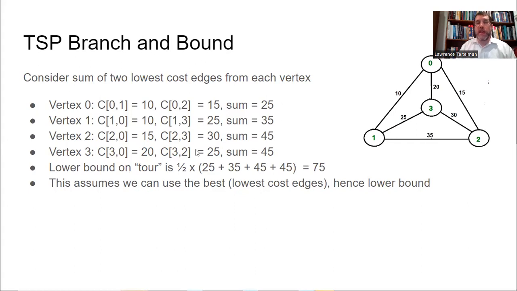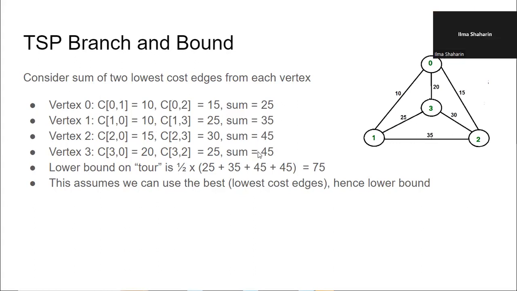So it's twice as many edges as I need. So I divide that by half, because for each vertex, I'm counting it in and out, but an in and out from one vertex includes an in and an out from 2 other vertices. So that's why I divide it by half, because this is counting stuff effectively twice. So my lower bound is going to be half of that cost.